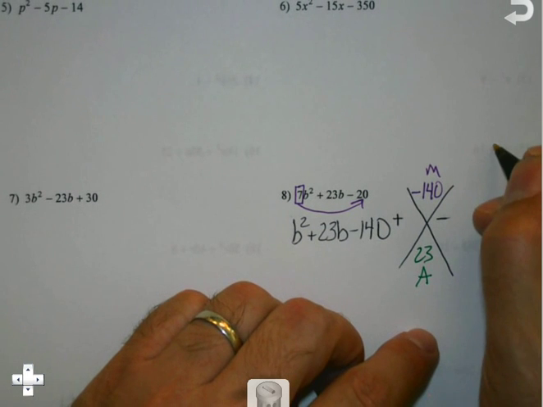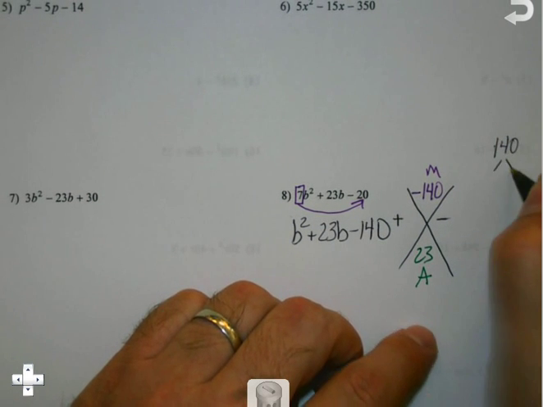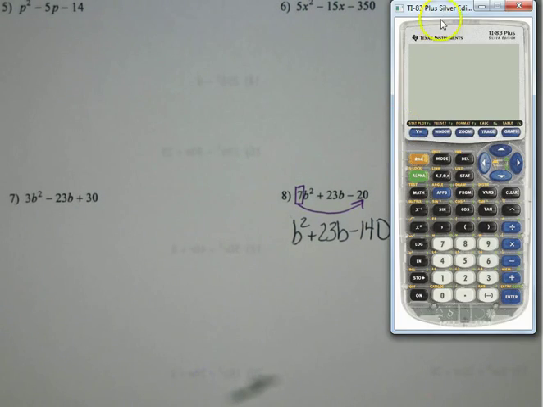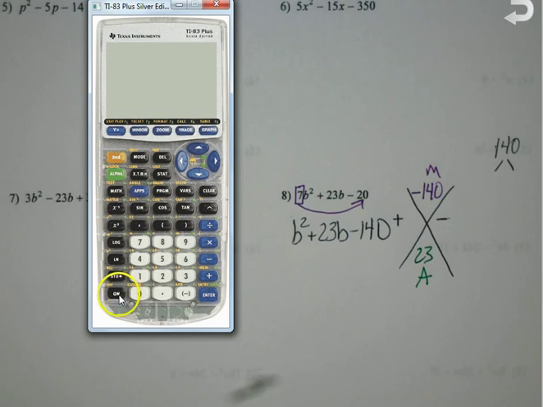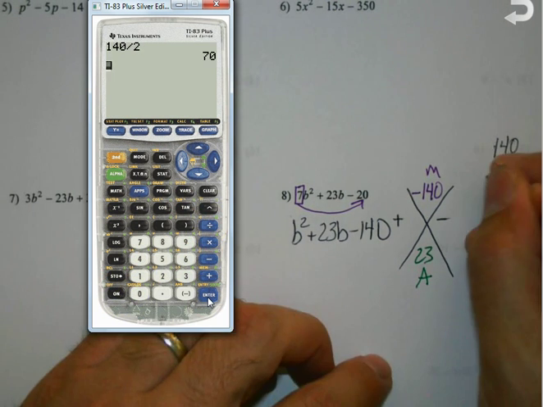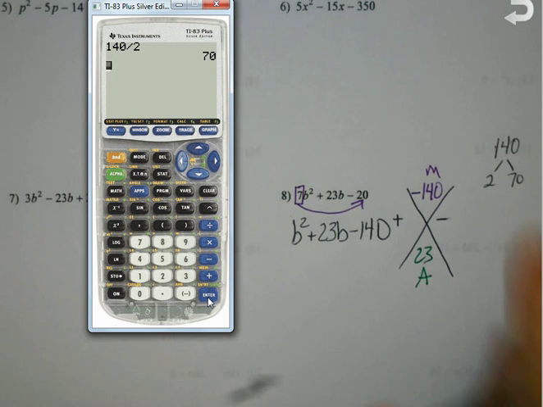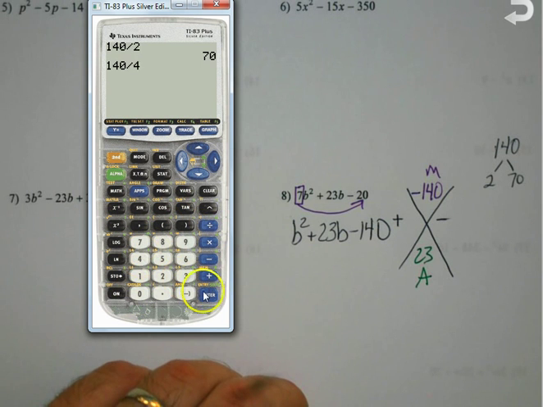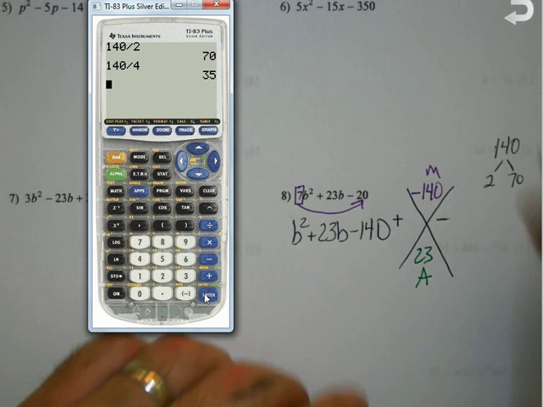Now, myself, I don't know off the top of my head what multiplies to 140, but it's 23 numbers apart. So I'm going to have to play a little bit here with the calculator. So, like we've talked about before, start small. You're like, yeah, those are way more than 23 apart, Harty. We need to get a bigger number. Like, let's try 4. Let's see if that starts getting us any closer here. Okay, 35. We're getting there.